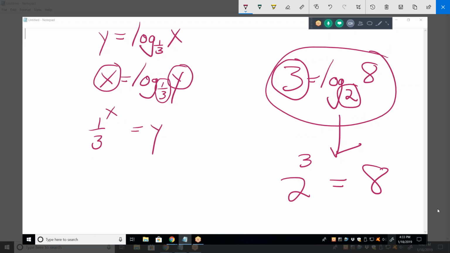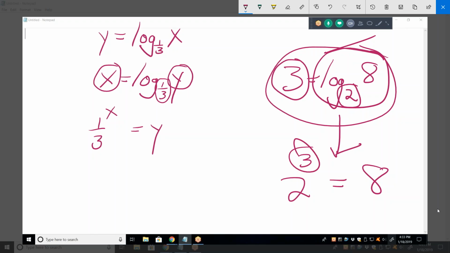Is that a true statement? That means that is a true statement. And you will notice one thing about logs. Logs are exponents. Notice that the log base 2 of 8 is equal to 3. Well, 3 was the exponent.